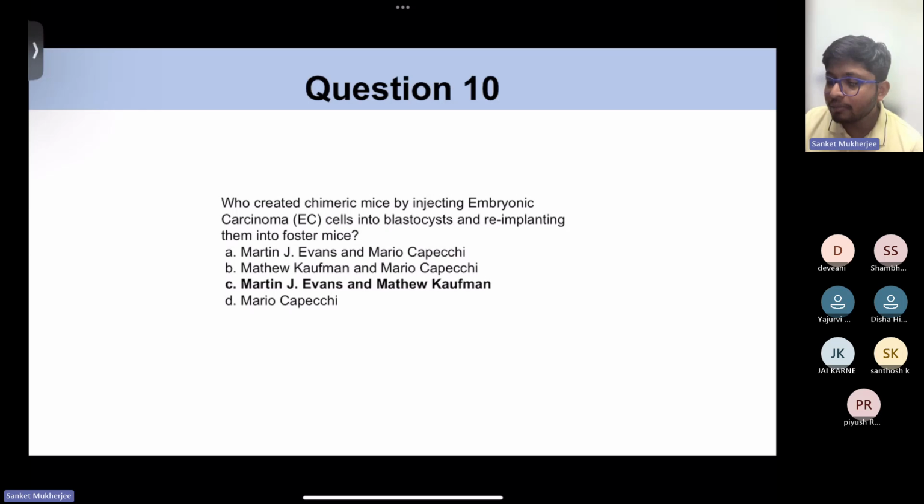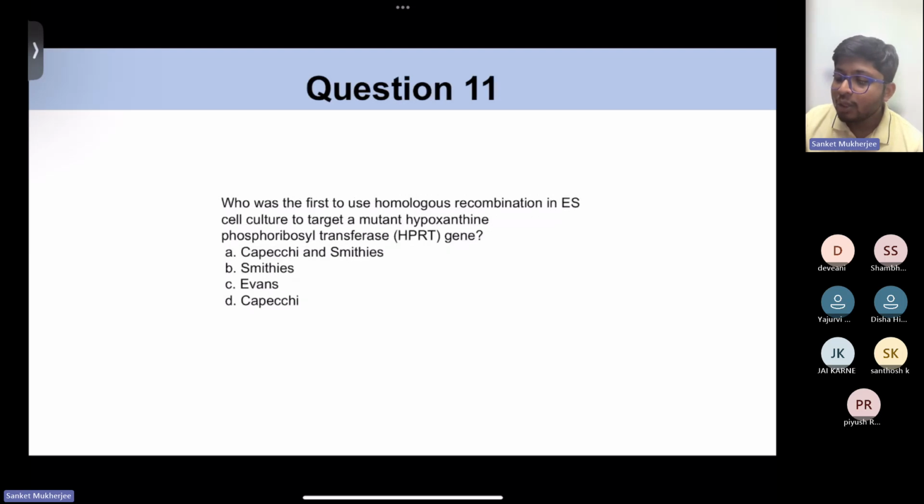You can read about them. Evans and Kaufman together did these experiments. Who was the first to use homologous recombination in embryonic stem cell culture to target a mutant hypoxanthine phosphoribosyl transferase gene, the HPRT gene? Was it Capecchi and Smithies? Was it Smithies, Evans, or Capecchi? Any answers?